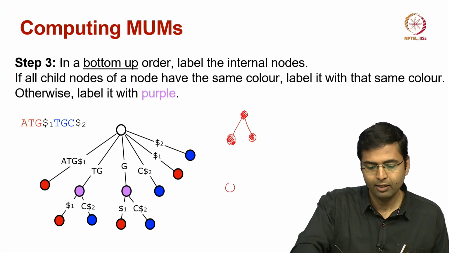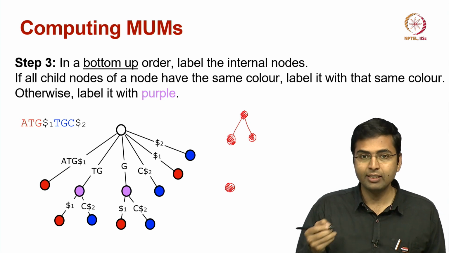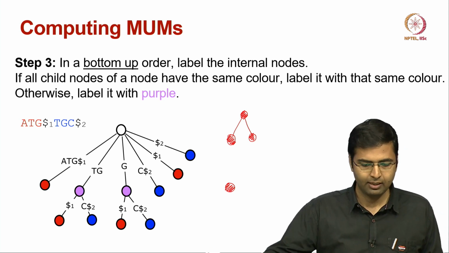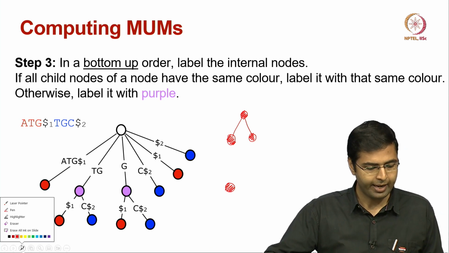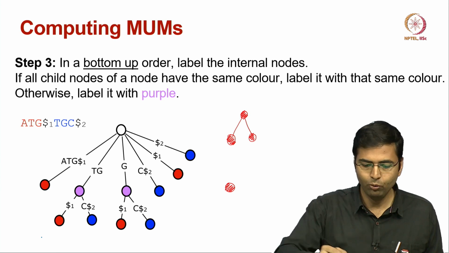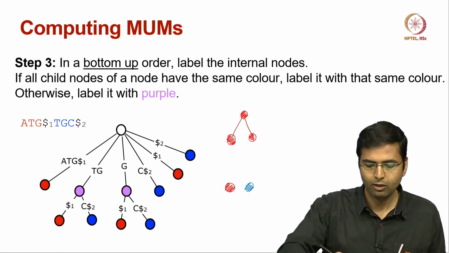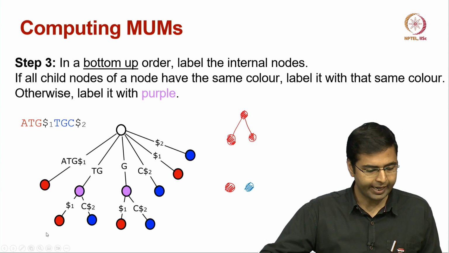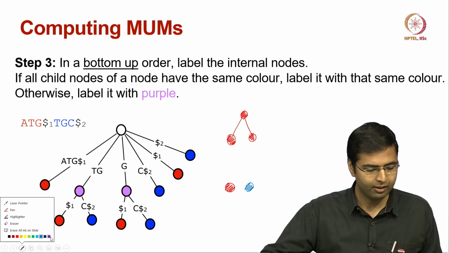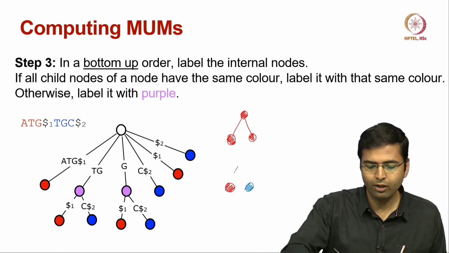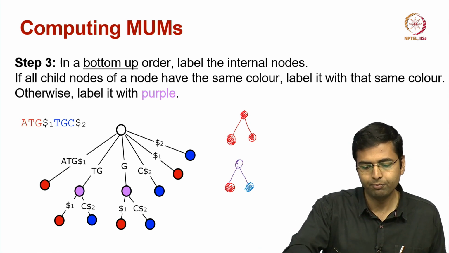So if one node is red and the other node is blue, then I label the parent node purple.